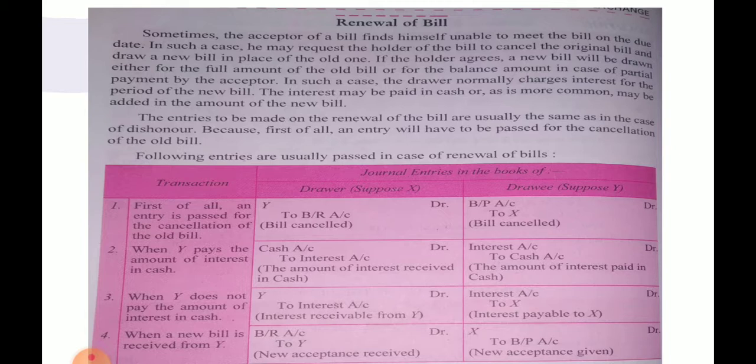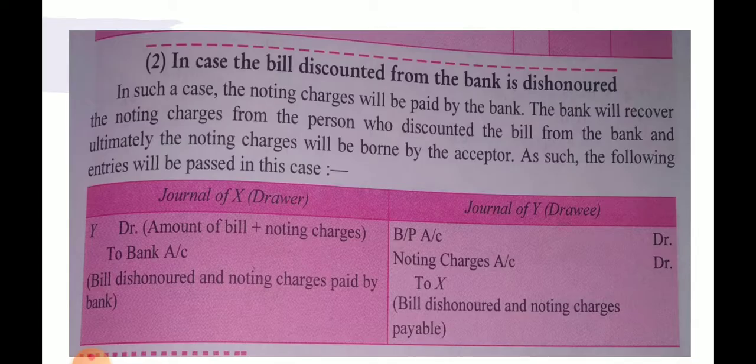And when the new bill is received from Y: bill receivable account debit to Y. Now in the books of the drawee: bills payable to X, because it is a reverse entry, so it will be cancelled. Interest to cash, because interest here is an expense, so it will be debited. And if interest is not paid in cash: interest to X, and X to bills payable. So this will be the entry for renewal of the bill.